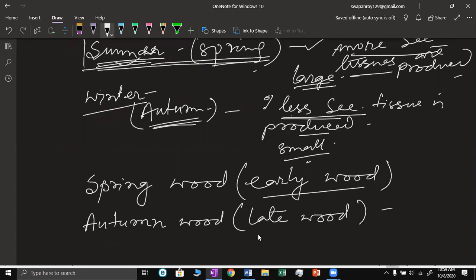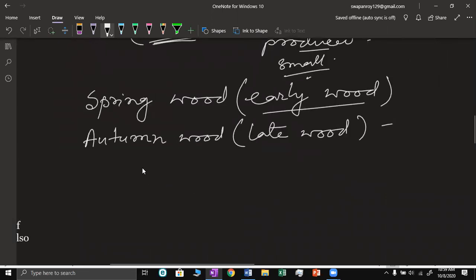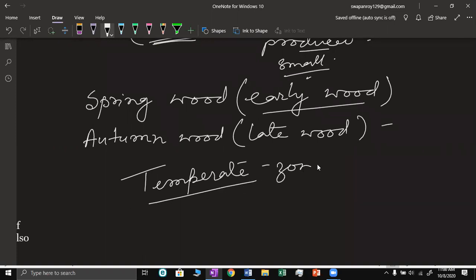So particularly in the region where the climate is temperate, there is fluctuation of temperature. In the temperate zone, you will experience the summer and winter. So in the temperate zone, this spring wood and autumn wood is very prominent.